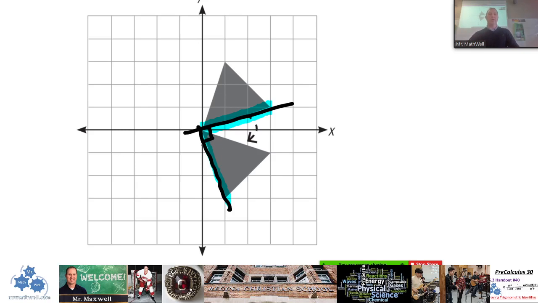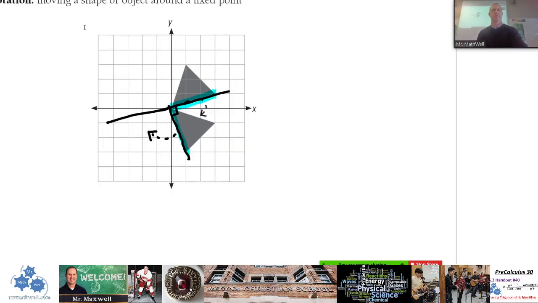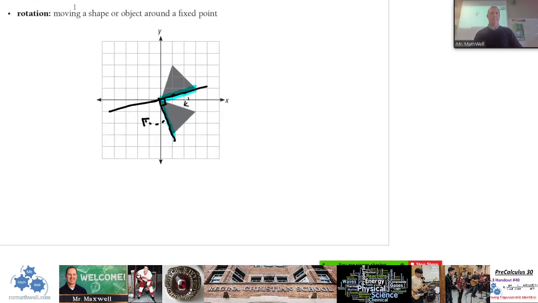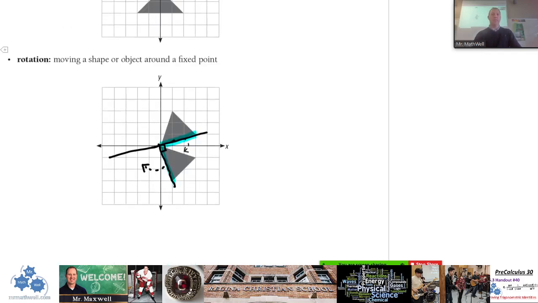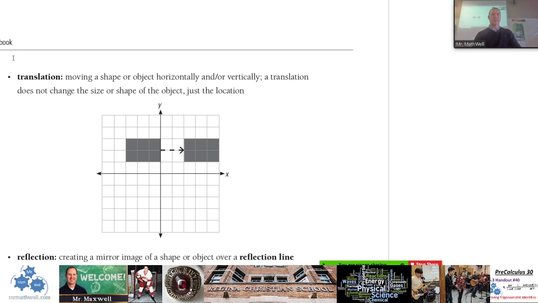If you wanted to rotate this 180 degrees, well, then you'd have to keep going so that this line here forms a 180-degree angle. Okay? Any questions there so far about reflections, rotations, translations?